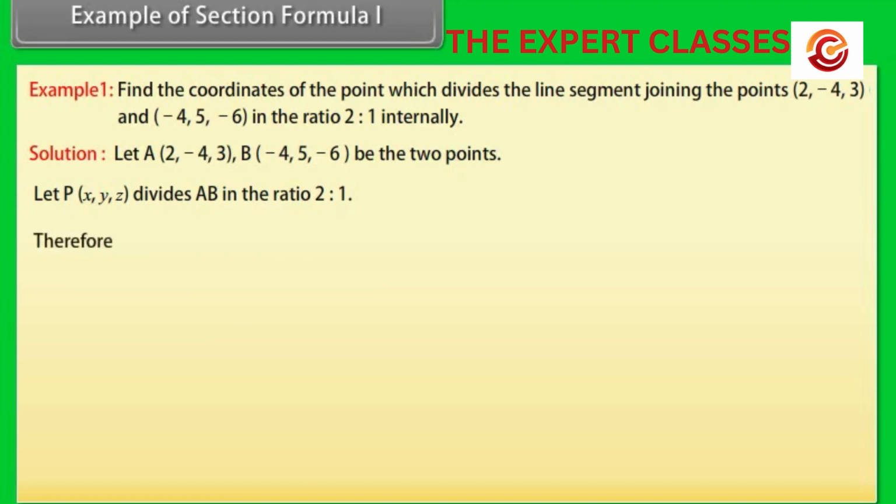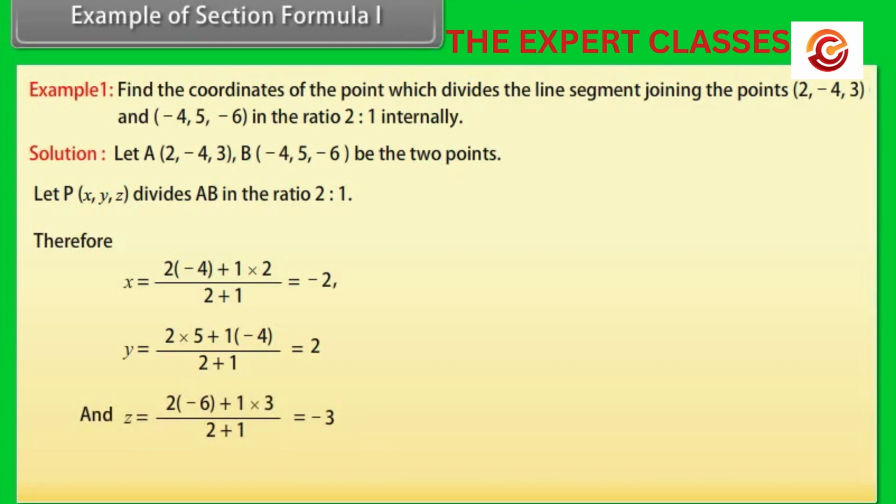Therefore, x = (2 × -4 + 1 × 2)/(2 + 1) = -2, y = (2 × 5 + 1 × -4)/(2 + 1) = 2, and z = (2 × -6 + 1 × 3)/(2 + 1) = -3. Thus, the coordinates of P are (-2, 2, -3).